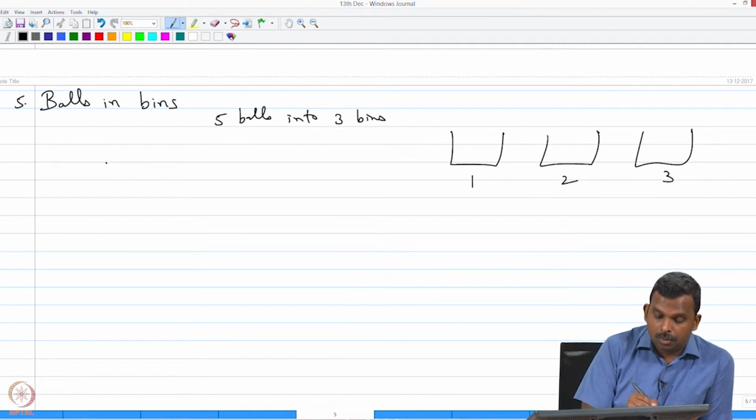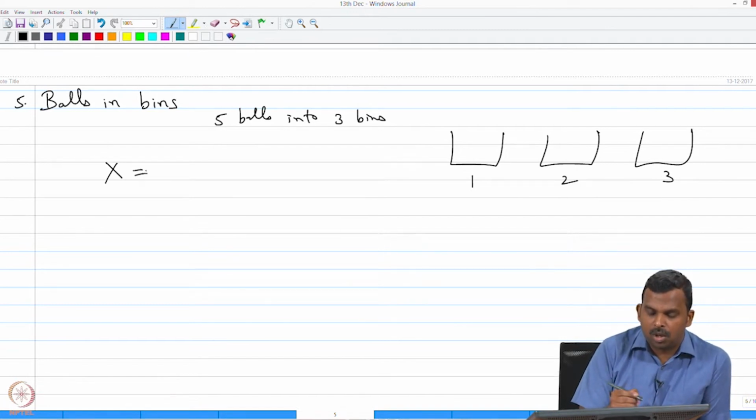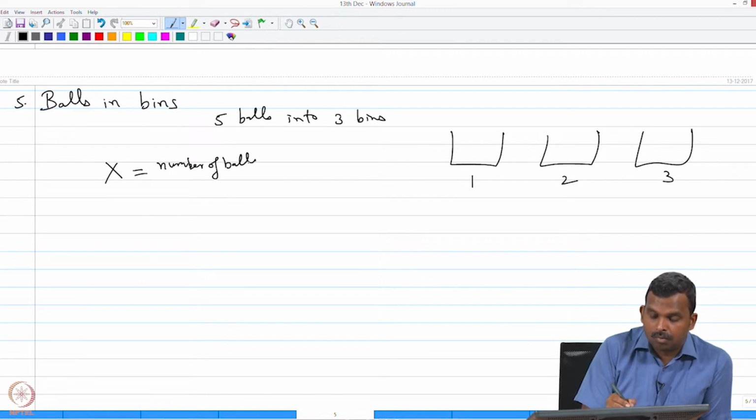So, you can define so many random variables and they are all quite interesting. So, you can say x is the number of balls in bin 1. Okay. Maybe I will define y as number of balls in bin 1 and bin 2.